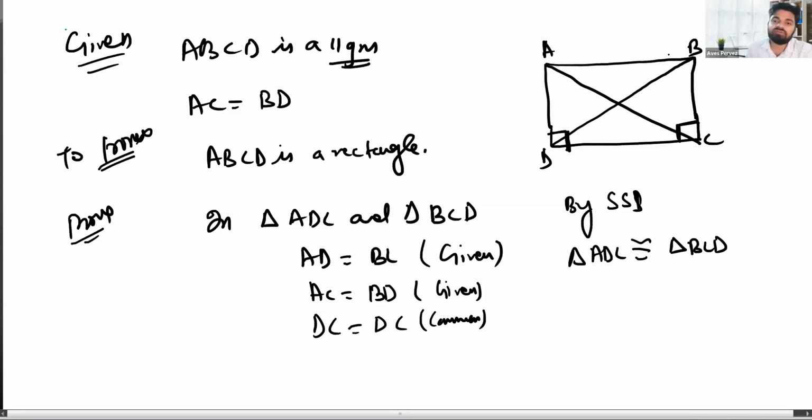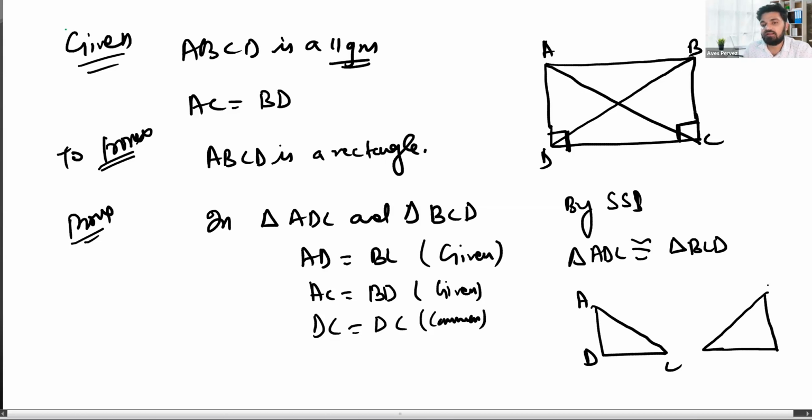Okay, now can you separate these two triangles? You can separate them this way. One triangle is ADC, another triangle is BCD.